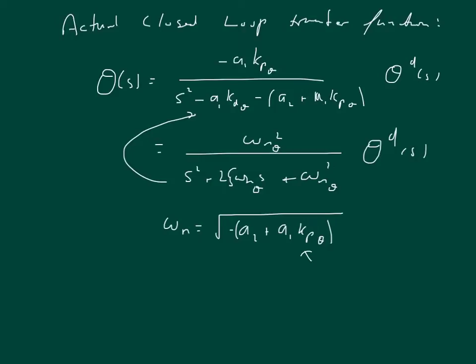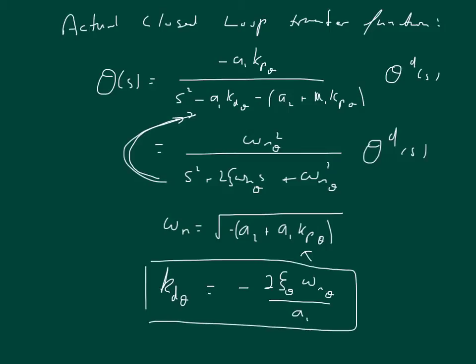Setting the second terms in these expressions equal, we can solve for Kd theta equal to minus 2 zeta omega n divided by a1. And there's our expression for the derivative gain.